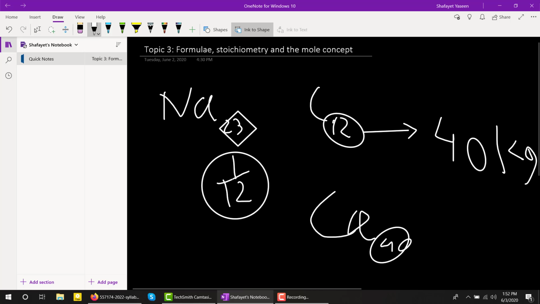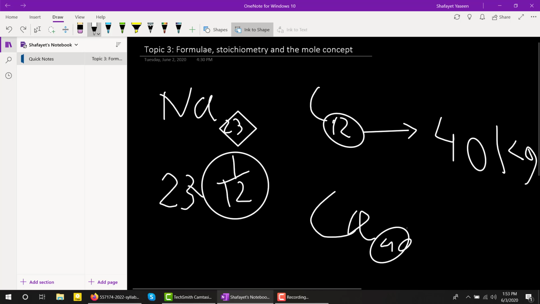Take the mass of 1 unit and use this 1 unit to bring up a rough approximation of the masses of all the other elements present in the periodic table, right? So when sodium has an atomic mass of 23, it basically means it's 23 into 1 by 12 of the mass of a carbon 12 atom, right?